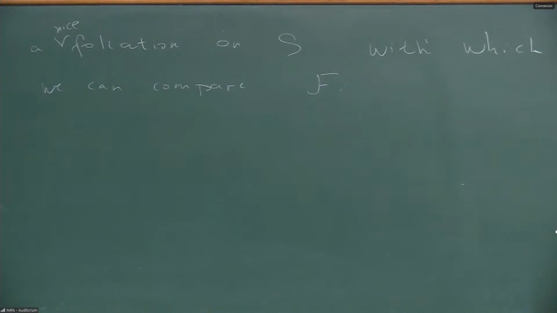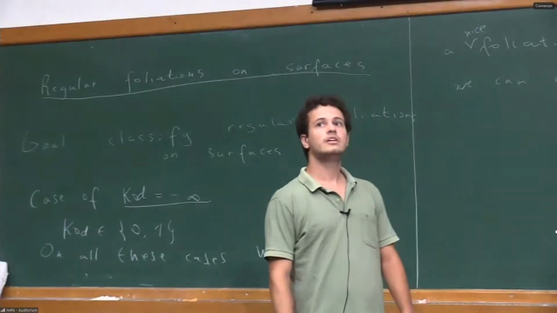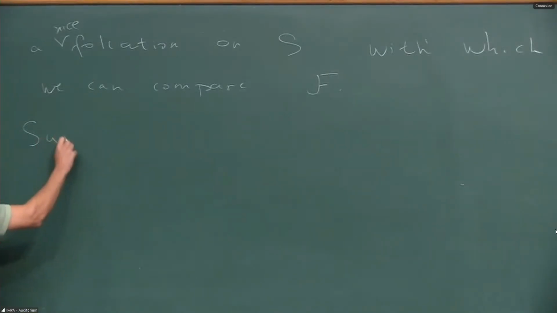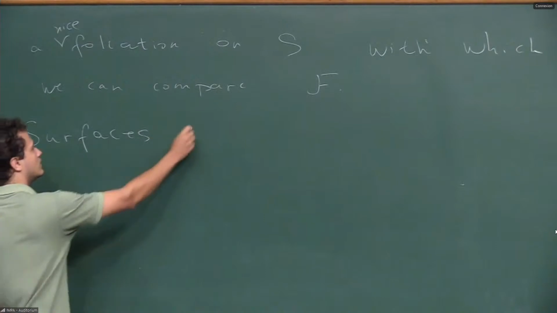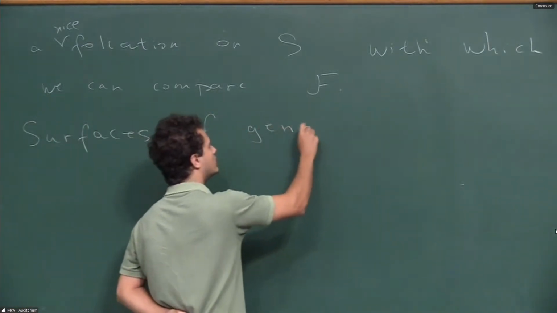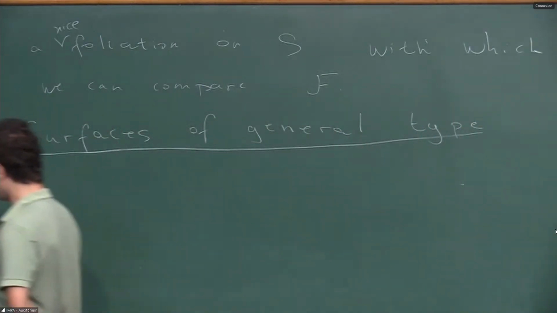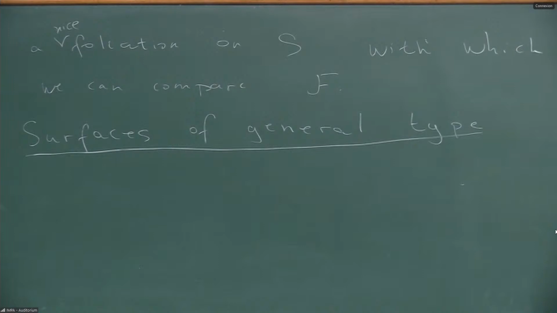And today I want to talk about the last case, which are the surfaces of general type, so surfaces with maximal Kodaira dimension. What's going to happen is that we cannot, in general, find nice foliations on these surfaces for which we can apply the same methods.